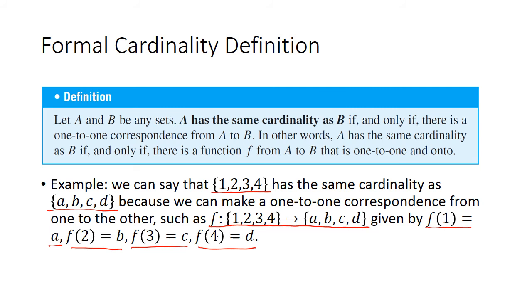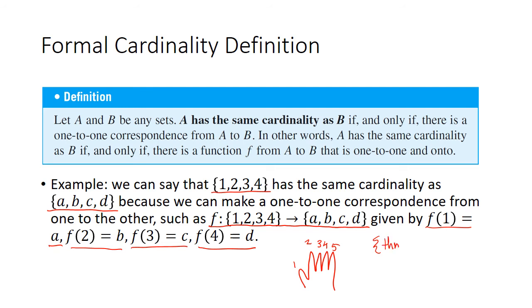So if you think about counting on your fingers, you have a little hand here, and this is 1, 2, 3, 4, 5. And what you're doing when you're counting on your fingers is you're making a one-to-one correspondence between the set that is your fingers and the set {1, 2, 3, 4, 5}.